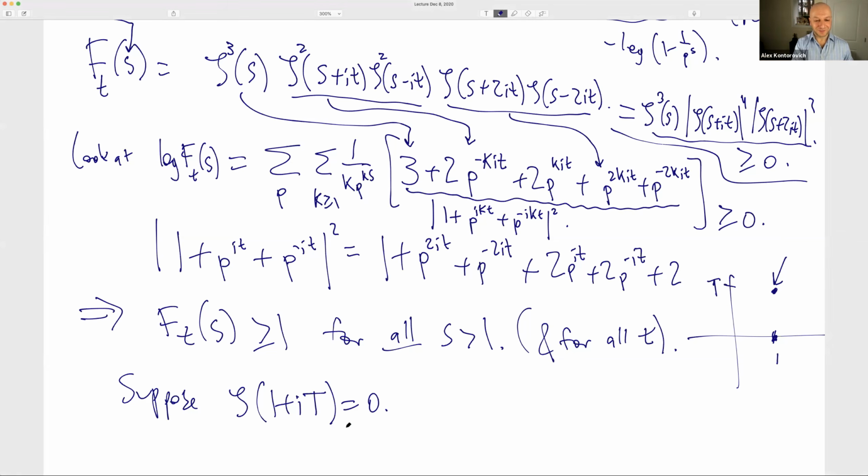Suppose this happens. So as s goes to 1 from the right, zeta of s plus iT goes to 0. Okay? Now look at this formula.